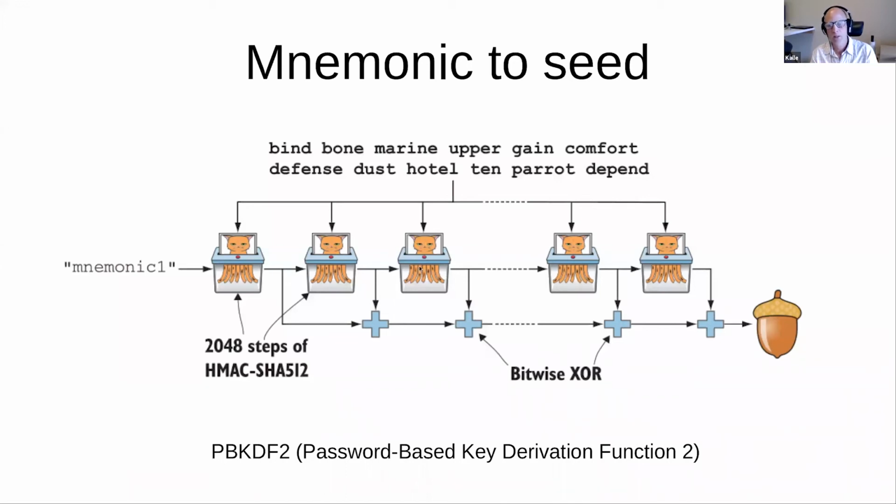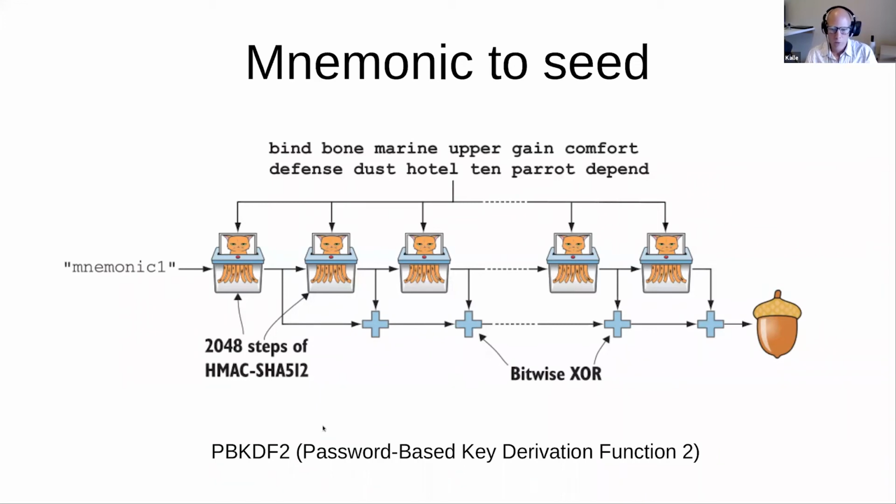Each step takes the output from the previous HMAC hash function, and as key, it will take the mnemonic phrase. Then the output is bitwise XORed together with a bitwise XOR from the previous step. And you do this over and over, 2048 steps, and the last XOR here will result in your seed.